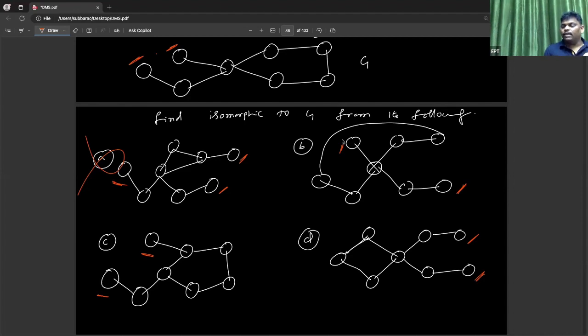Can you help me now? In the given graph, degree 4, one vertex there. Am I right or wrong?